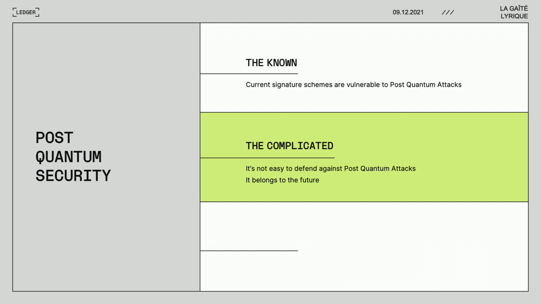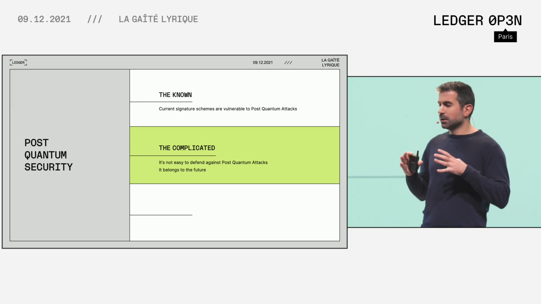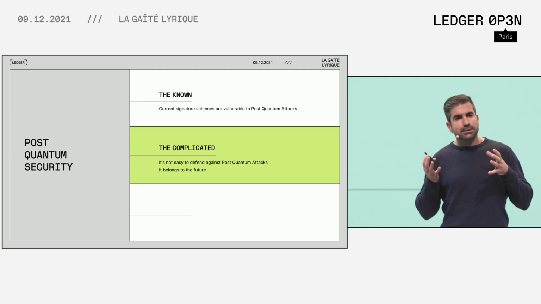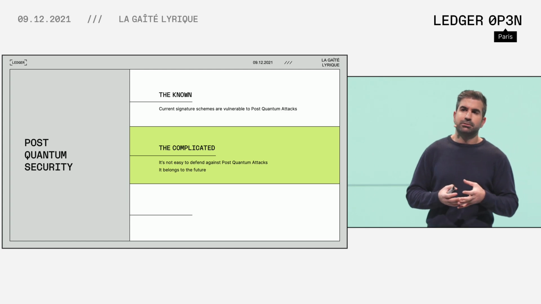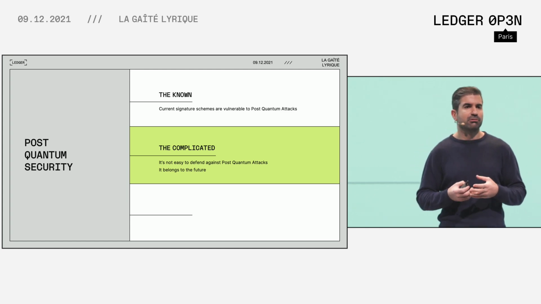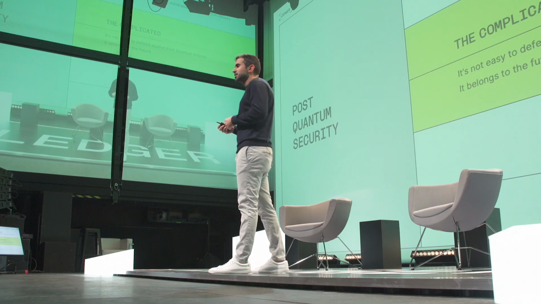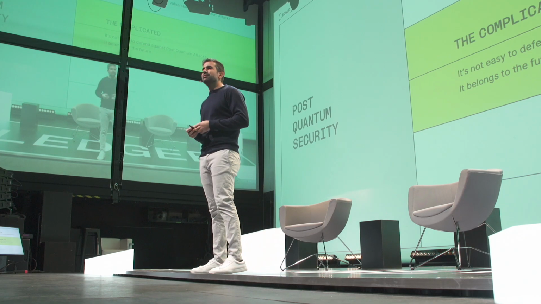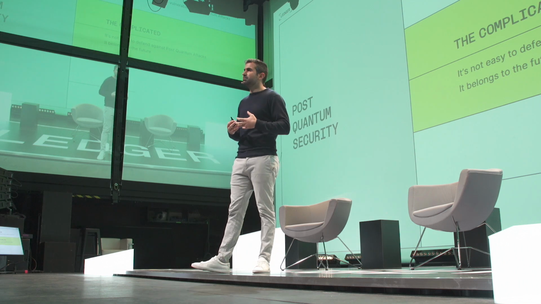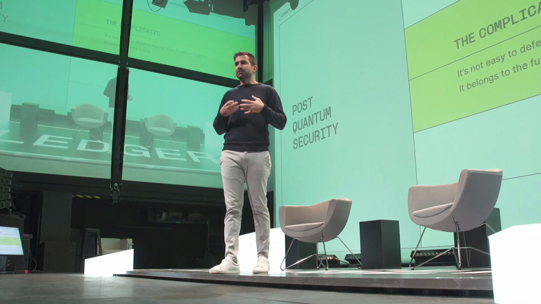The other thing, which is not a technical problem but more of a business or maybe psychological one, is that it's a problem of the future. We don't know when a strong quantum computer is going to be here. We hear things like 5 years, 10 years, but we really don't know when it's going to happen. And it's hard to make the investment in the sense of, oh, I'm just going to invest in it right now, even though it might not be relevant for the next 20 years.